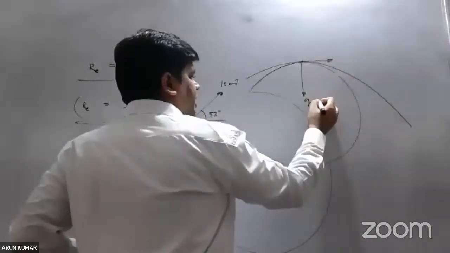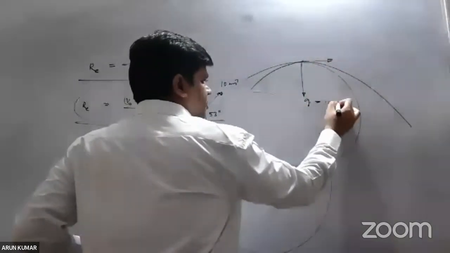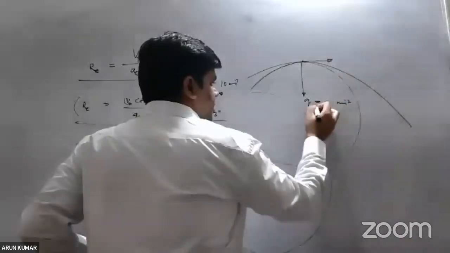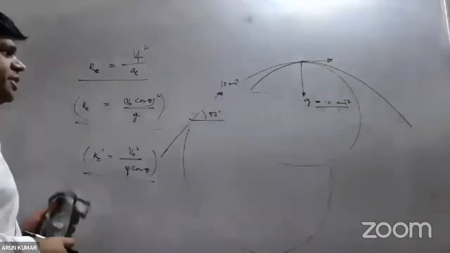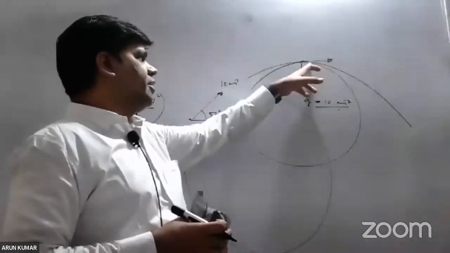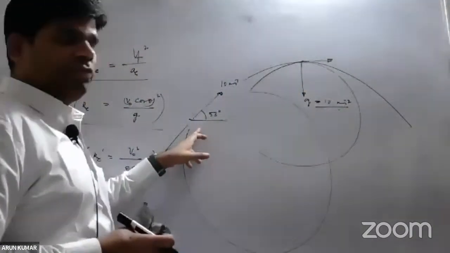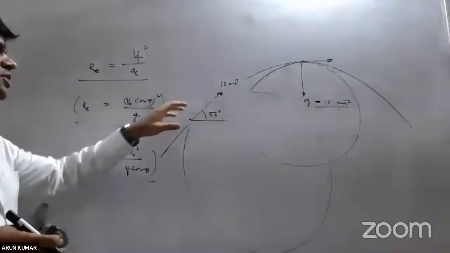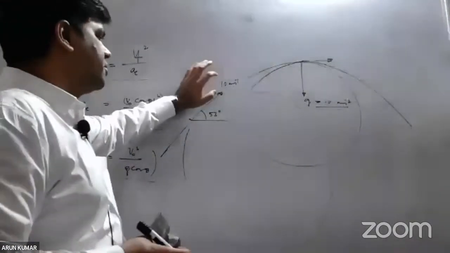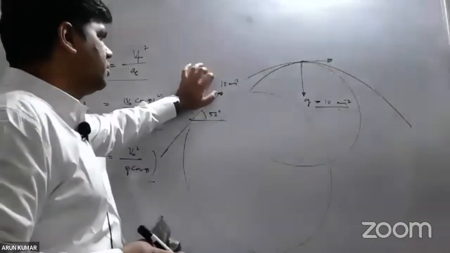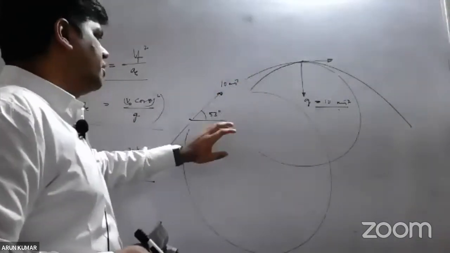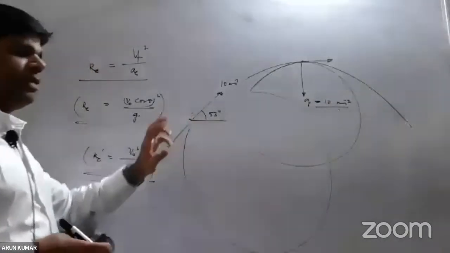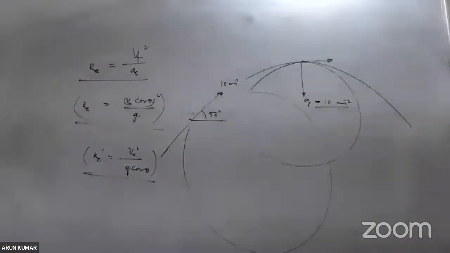Take G as 10 meters per second square for simplicity. So what is the radius of curvature at this point, the vertex, and what is the radius of curvature at the point of launch? These two things you have to find out. Given velocity is 10 meters per second, and G is 10 meters per second square. Angle at which the particle is launched is 53 degrees with the horizontal.